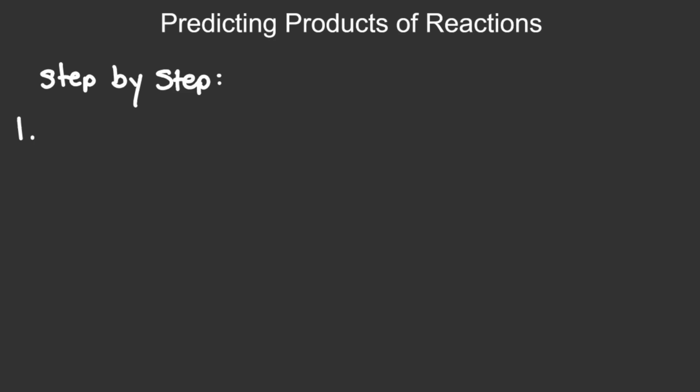Now that we've outlined a very brief step-by-step strategy, we're going to put it all together and go through each one of the steps very in-depth to make sure everybody is on the right page. So step one, if we all remember, is to look at the reactants. Okay, so we want to ask ourselves a couple questions.